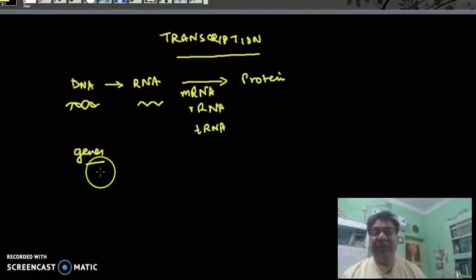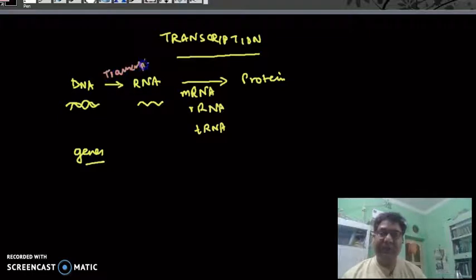So basically this gene is the information, and that information is being transferred to RNA via the process called transcription. So this is transcription. And this phenomenon in which RNA to protein is being formed is called translation.